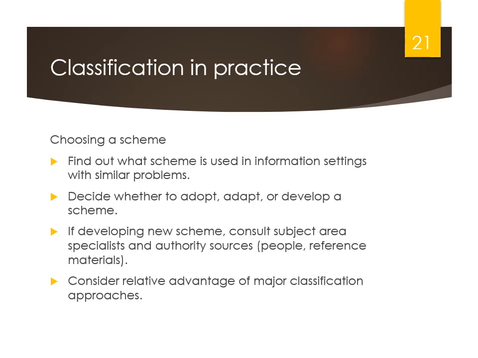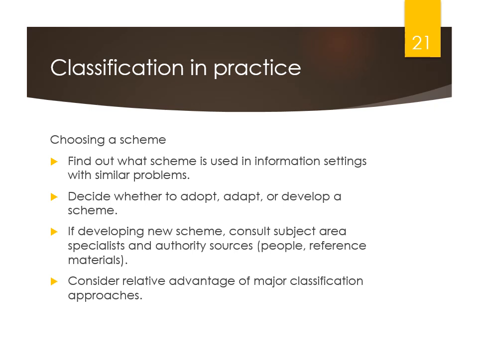When you need to choose a scheme, try to find out what scheme is used in information settings with similar problems, and decide whether to adapt it or develop a new scheme.